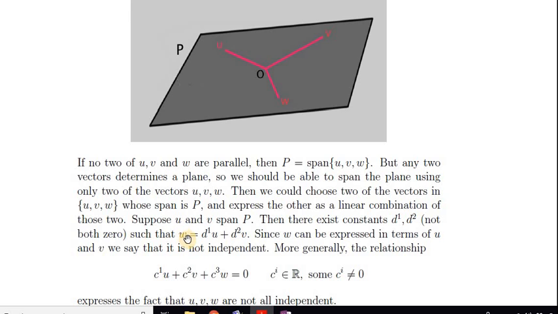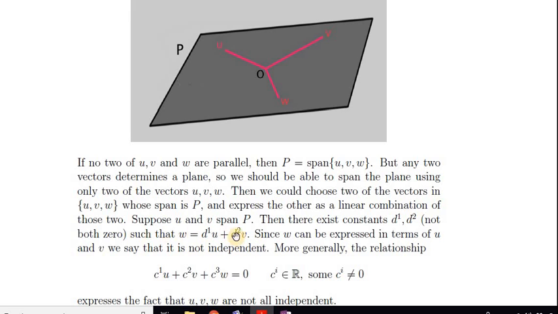Any linear combination that involves W, I could replace that W with D1U plus D2V and get a linear combination of U and V. So I don't need W to create additional linear combinations. I can reduce any linear combination with W to a linear combination with U and V.